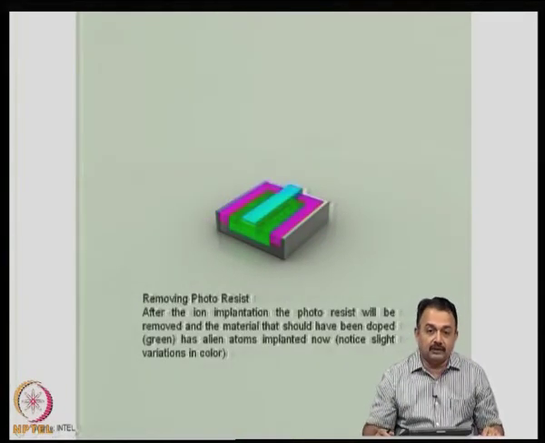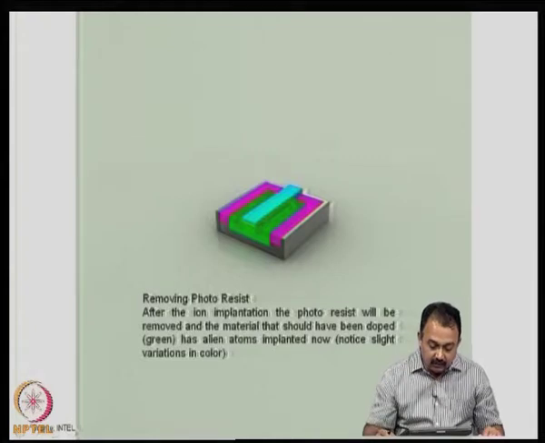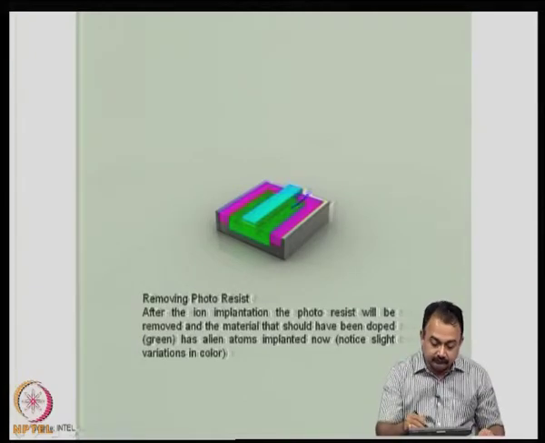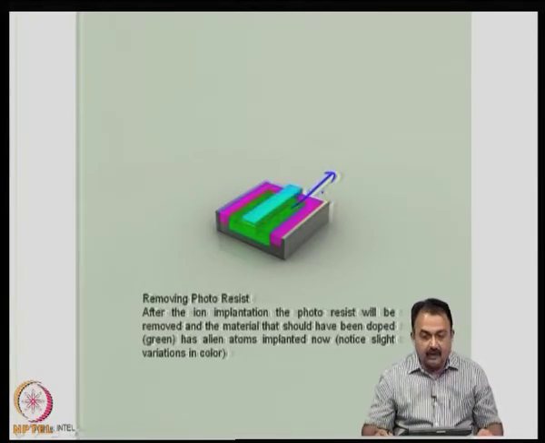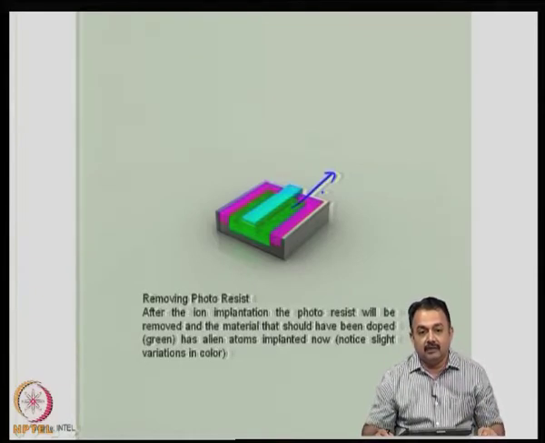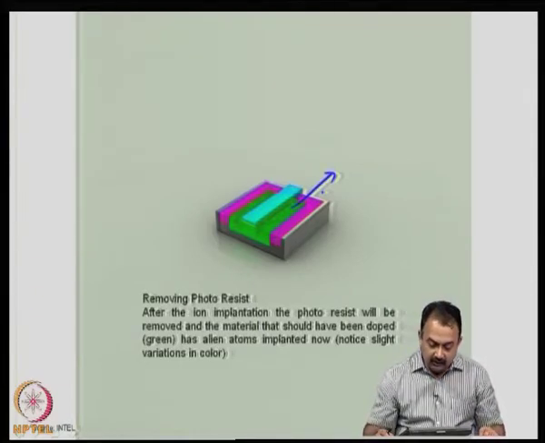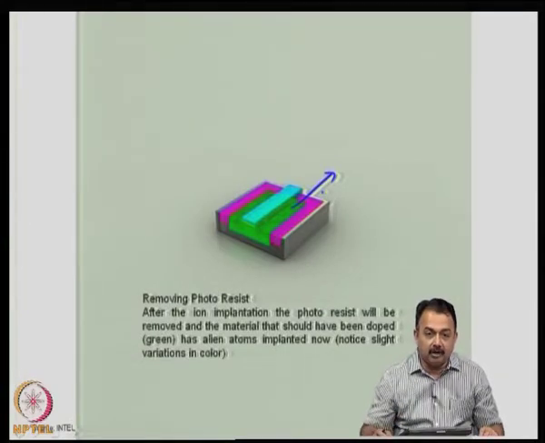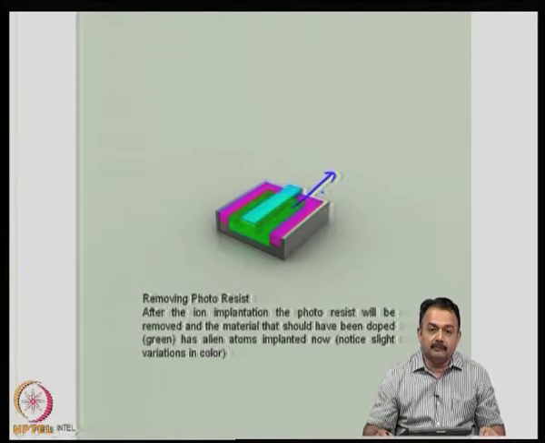Now, you remove the photoresist. Once that job is over, you remove the photoresist and the material that should have been doped, green in this case, has now got the dopants, the new material implanted. And you can see there will be variations in the properties of the host material plus the dopant.